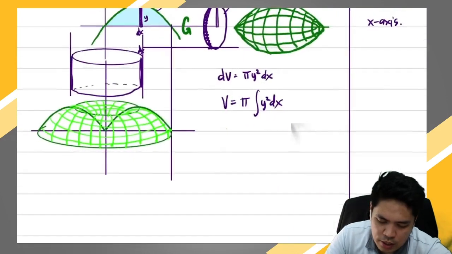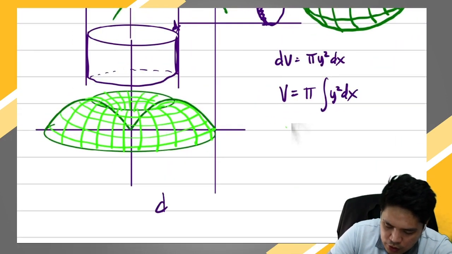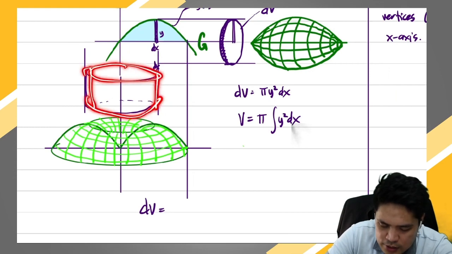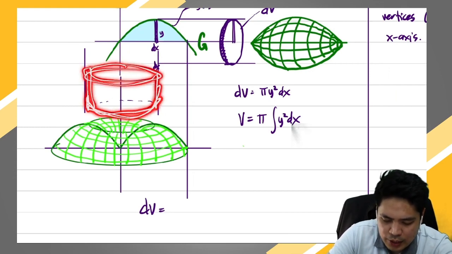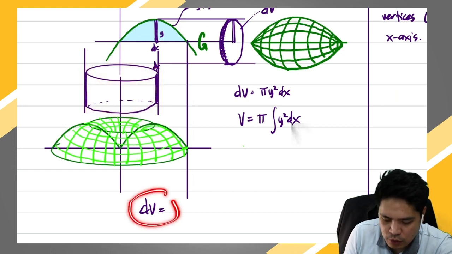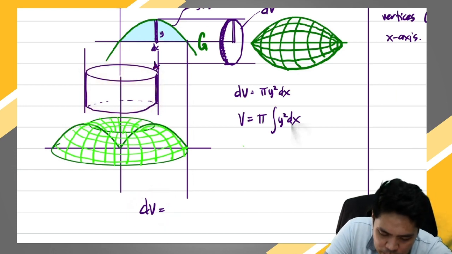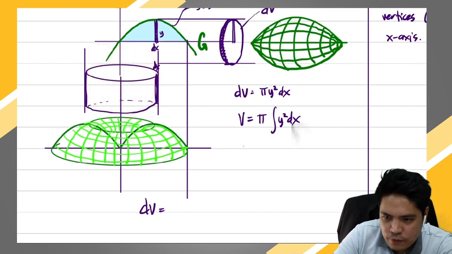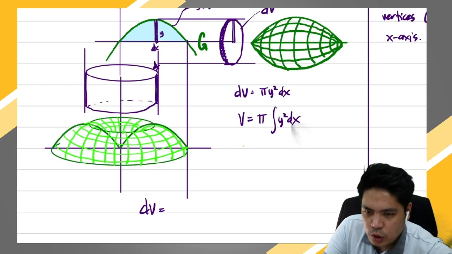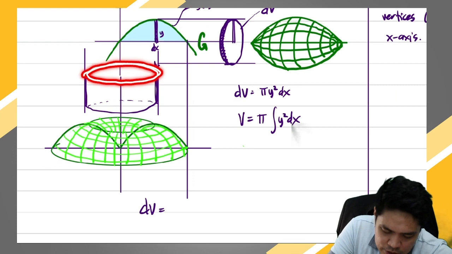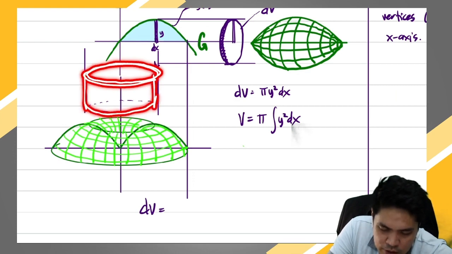How about the shell? What would be the differential volume here is this thin shell or thin cylinder. How do we get the volume of this to represent our differential volume? Remember, this is hollow. What comprises this differential volume is just a thin shell, only the outside.